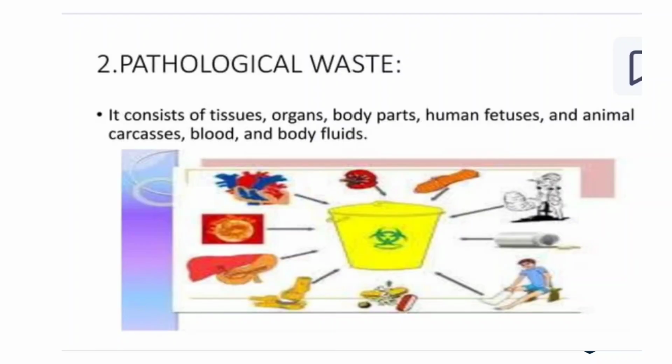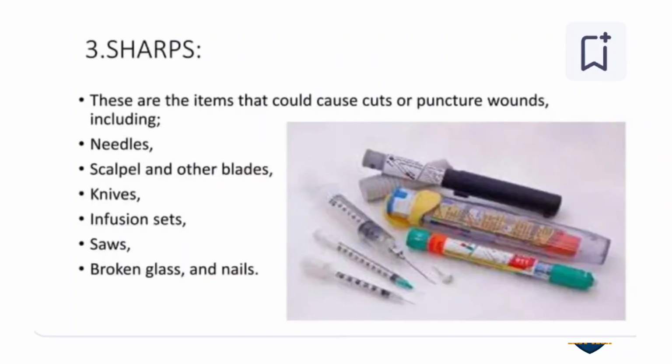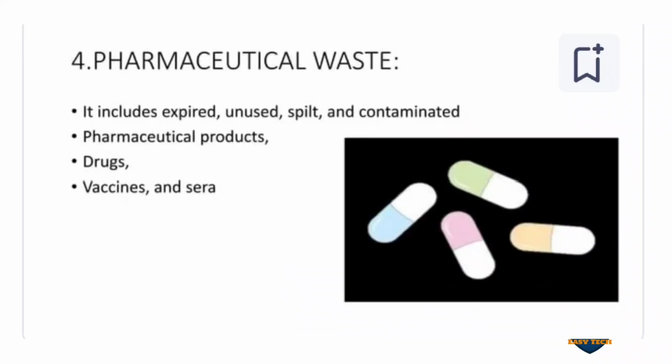Next we will see the sharps. Syringes, needles, scalpel blades, knives, infusion sets, saws, broken glasses and nails all come under infectious sharps waste, which can lead to punctures to the person who is using it.